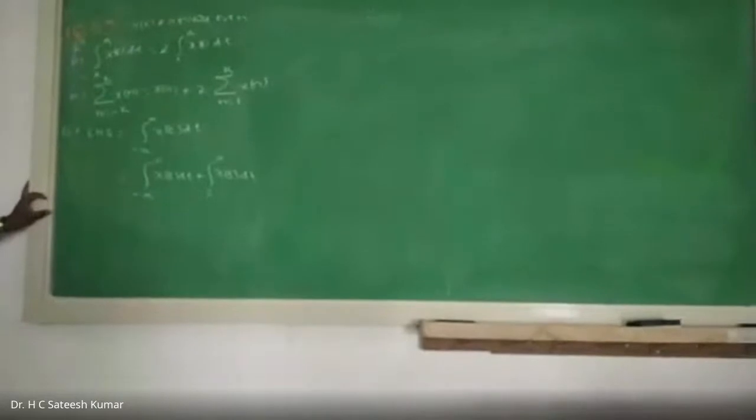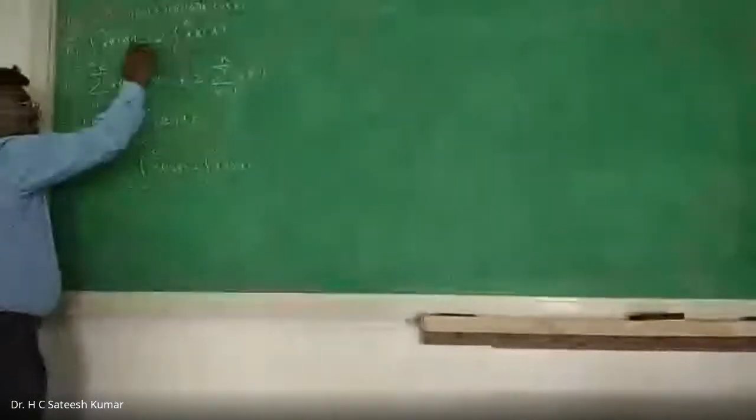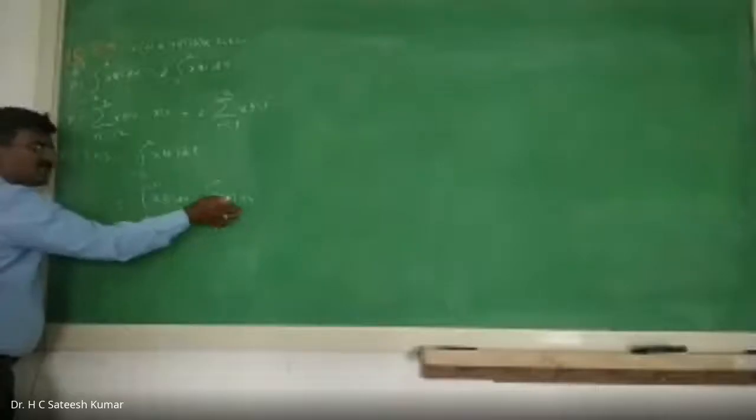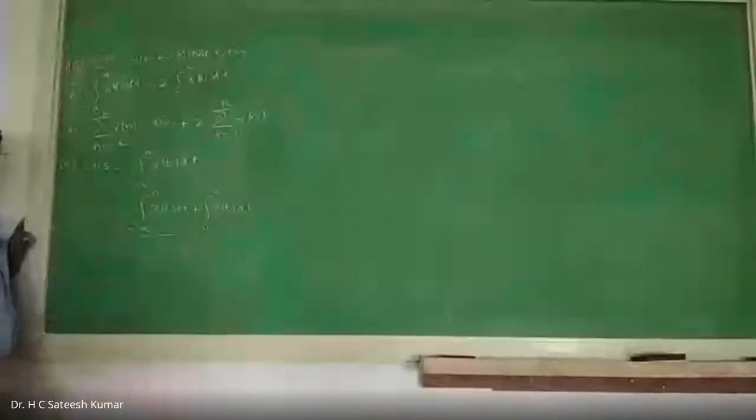I want my answer in the form of 2 times integration from 0 to a of x of t dt. One term is already there. The other one is simplified so that I can add it and get that format.